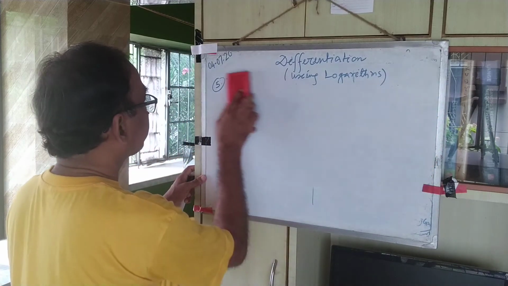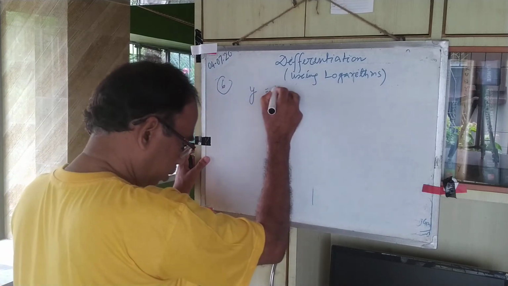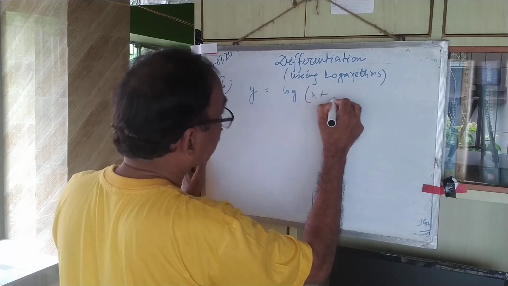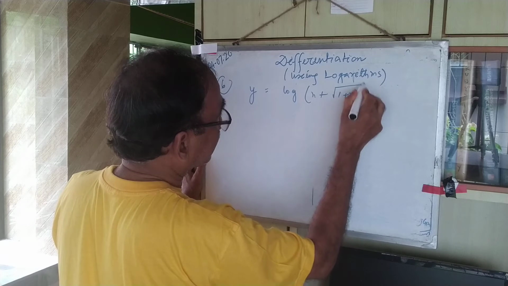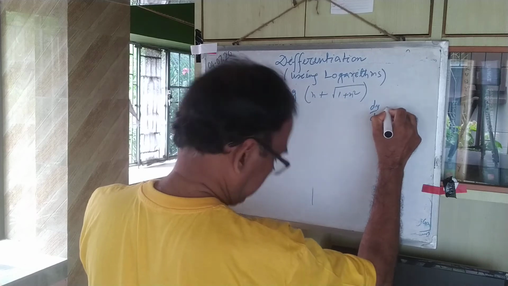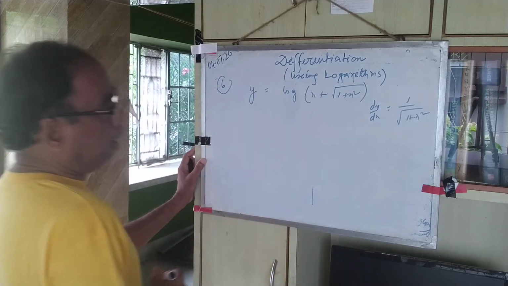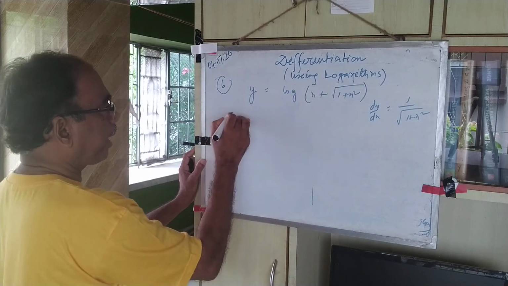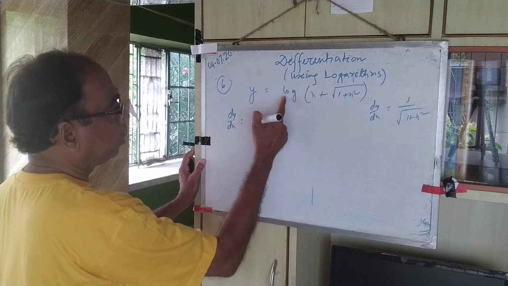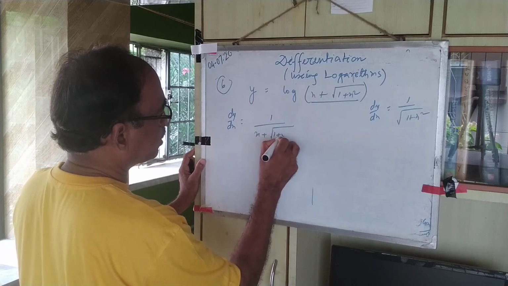Next, sum number 6. y equals log of (x plus square root of 1 plus x square). Prove that dy by dx equals 1 by root over 1 plus x square. Here there is no need to take log, so directly do differentiation. dy by dx of log of this is 1 by (x plus root over 1 plus x square).